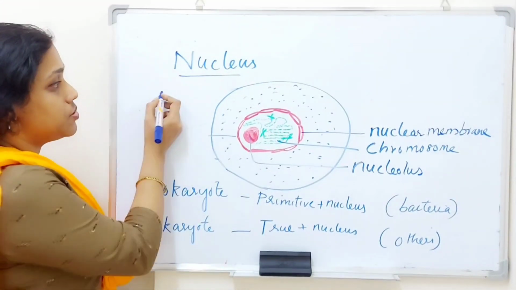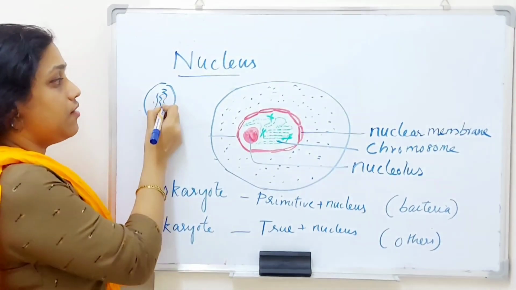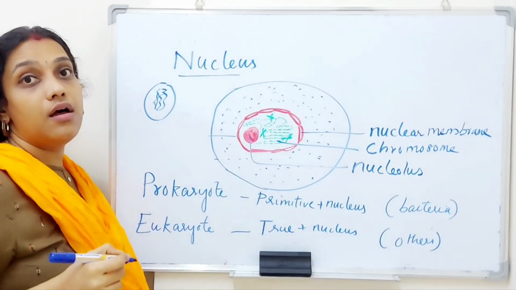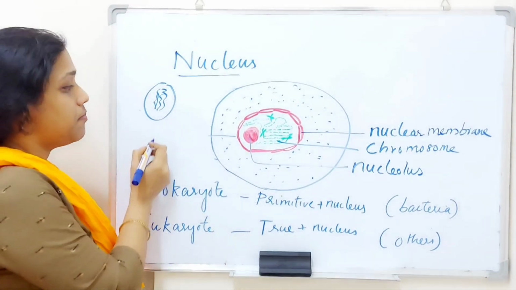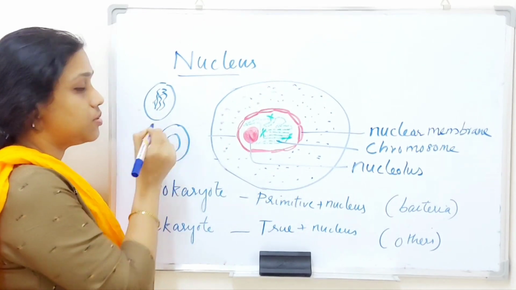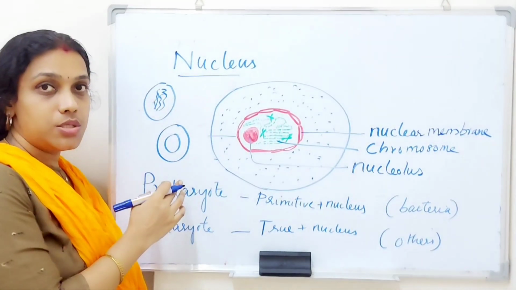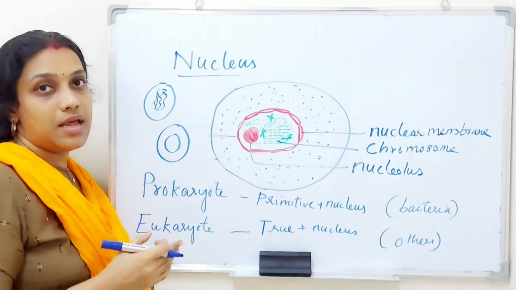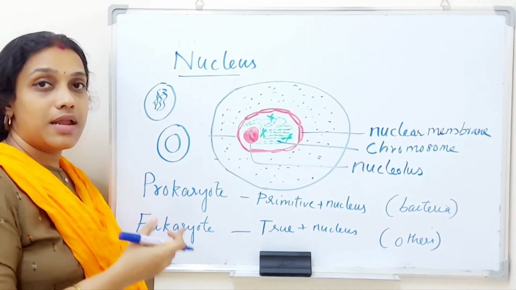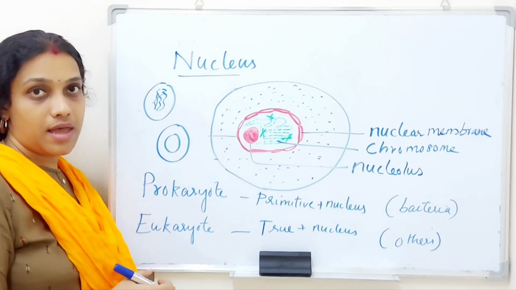So in prokaryotes, if it is a cell, the genetic material will be freely floating like this. There won't be a nuclear membrane. But in the case of a eukaryote, there would be a distinct nucleus with a nuclear membrane. So based on the presence of the nuclear membrane, organisms can be classified into two types, prokaryotes and eukaryotes.